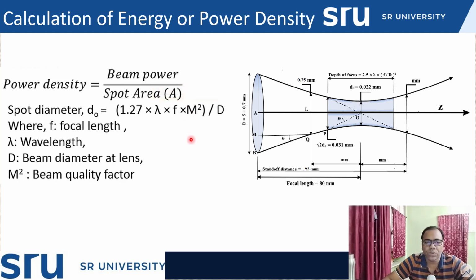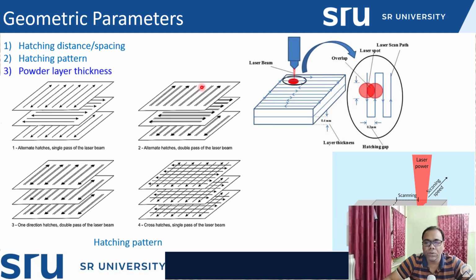Similarly the beam quality factor is also there, and D is the beam diameter at the lens. So this is the beam diameter at the lens, and this is the diameter of the spot area. So this is the spot. At this point we know the beam diameter, and from that diameter we can calculate the area. Once we know the area, then we can calculate the power density.